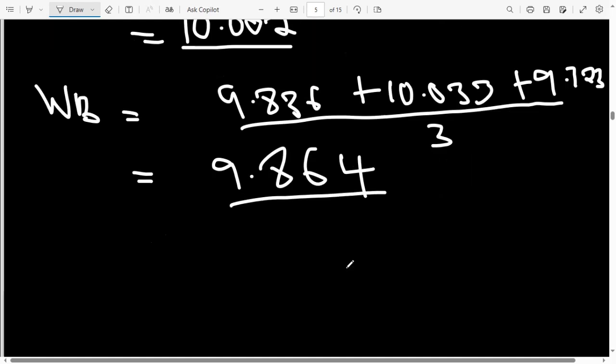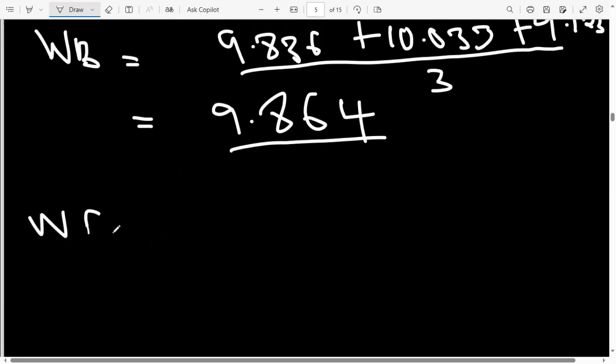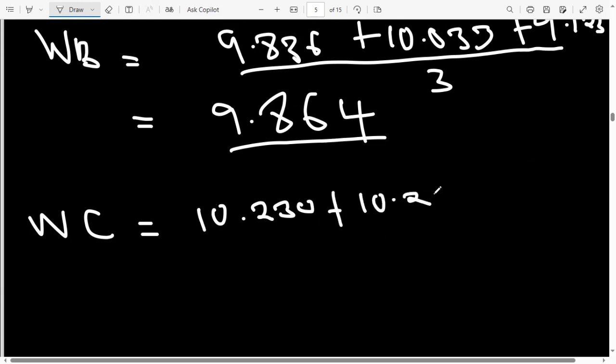Let's find it for worker C. Worker C had these measurements: 10.230 plus 10.231 plus 10.232.